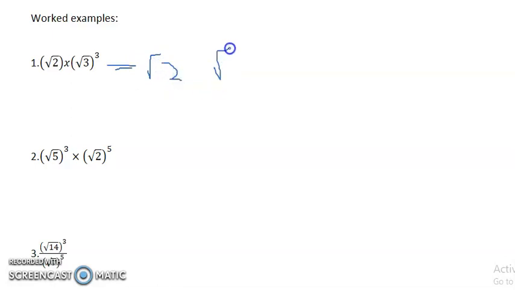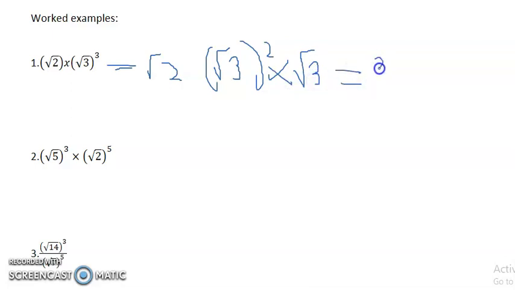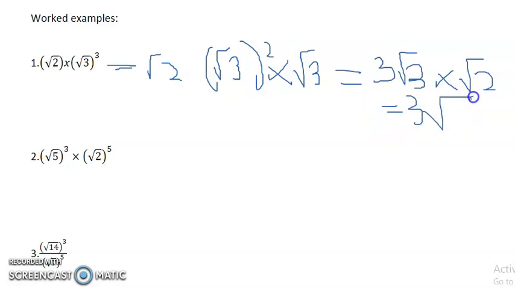Now, root of 3 all squared multiplying another root of 3. Then we get what? 3 root of 3 multiplying the root of 2. Then we get our answer to be 3 root of 6.